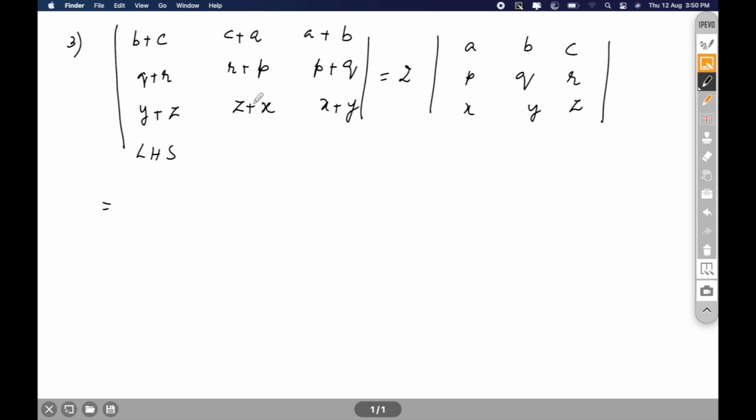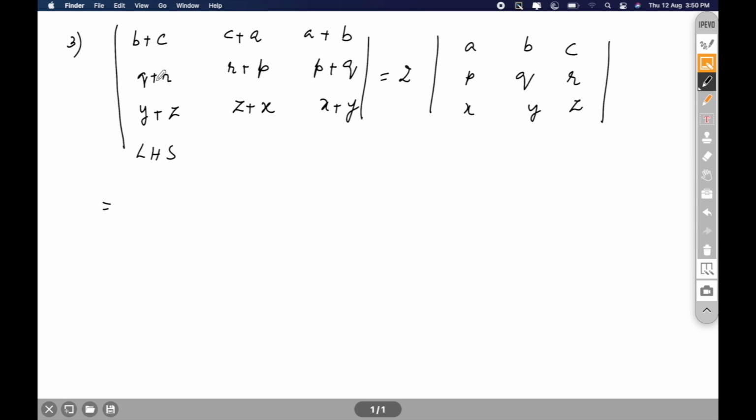Now we cannot split up this determinant into 2 determinants by splitting each of the elements, right? So we have to first of all look into the right hand side. We need 2 as one of the common factors, right? Which transformation should we use so that we get a factor as 2?